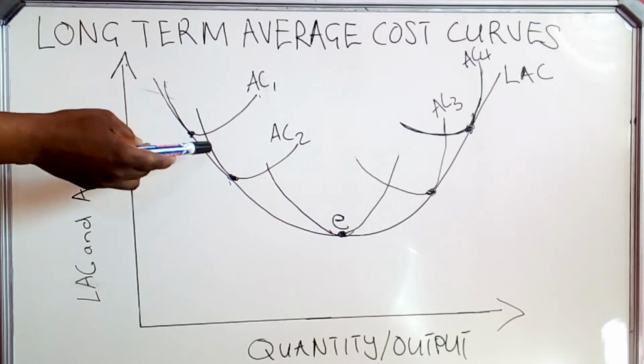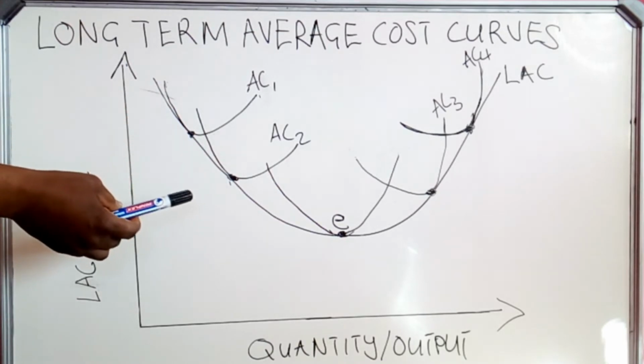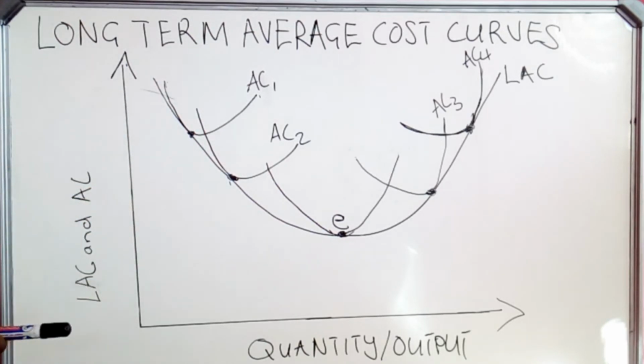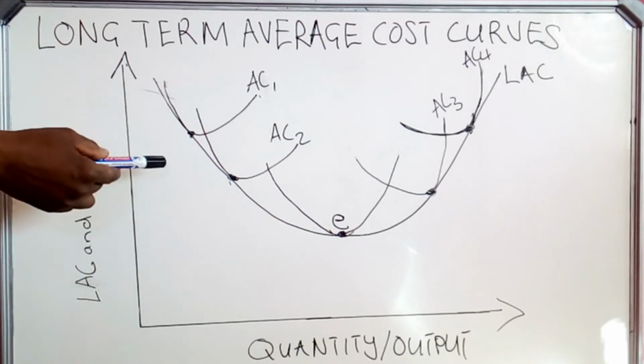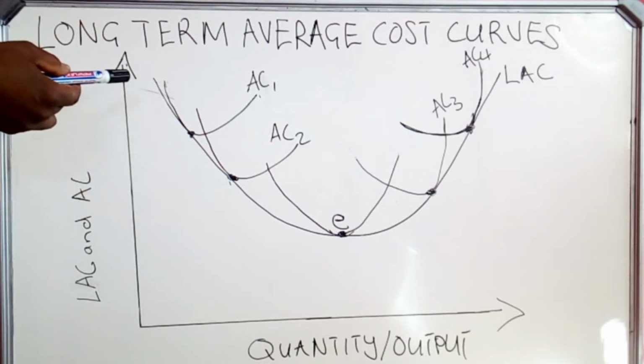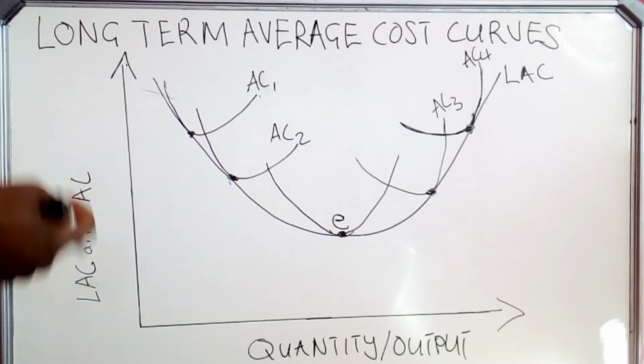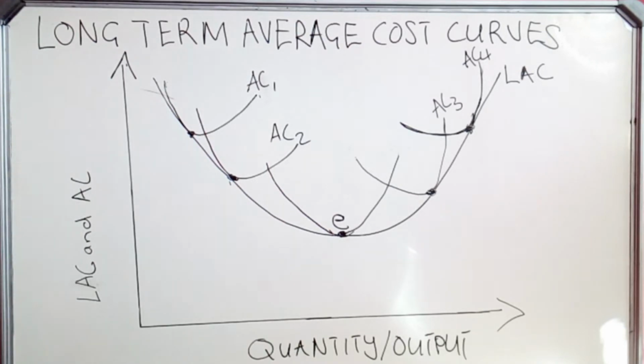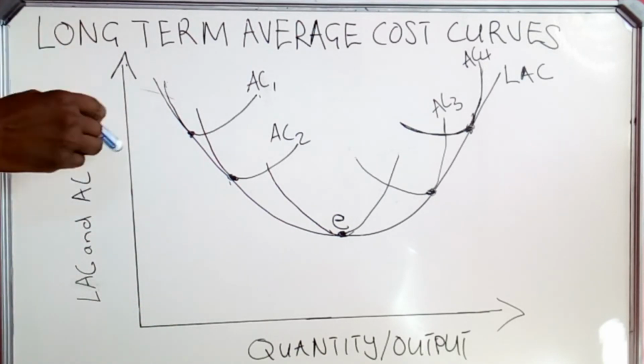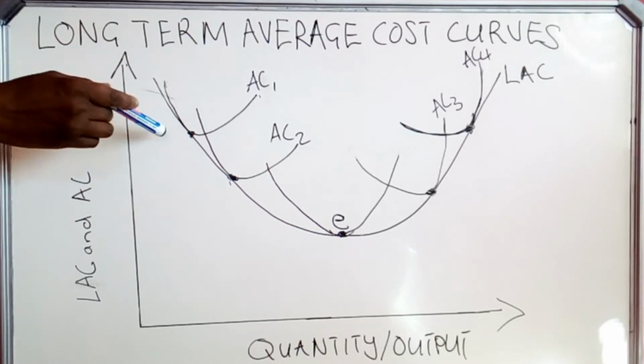The critical characteristic here is the free movement of factors of production, as well as our firms, or the industry, being able to increase or decrease the level of output produced, based on the fact that there is ease of entry and ease of exit.